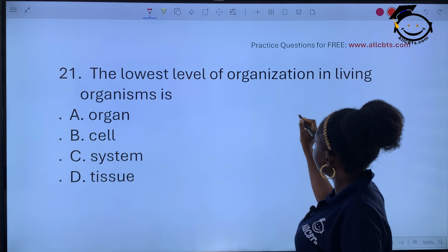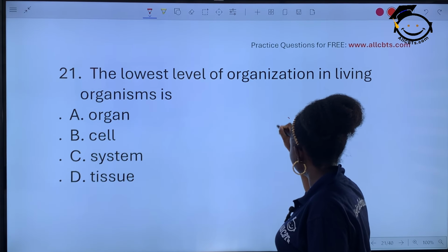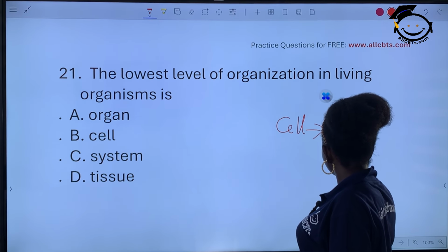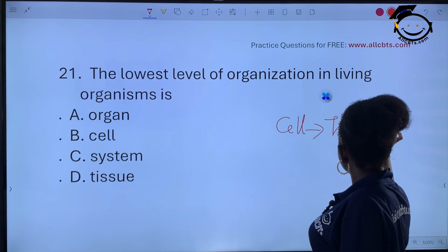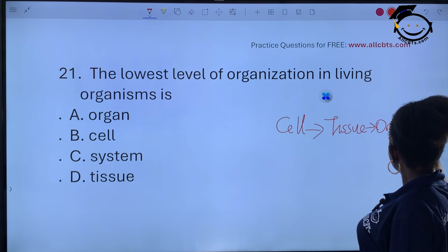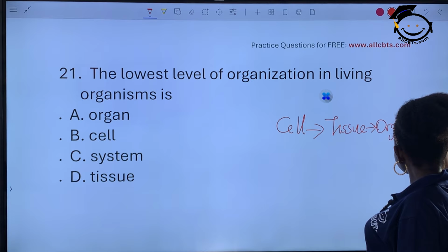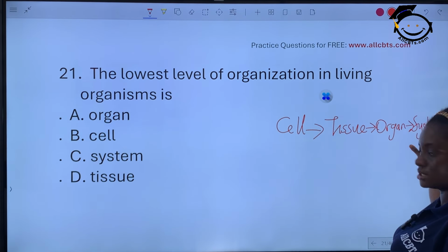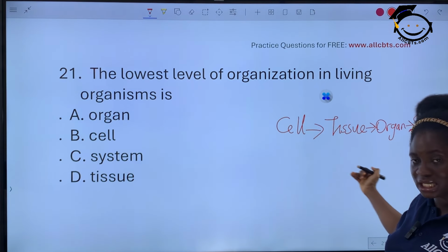The levels of organization are simple: cell to tissue to organ to system. So this is from the lowest to the highest in terms of ranking.